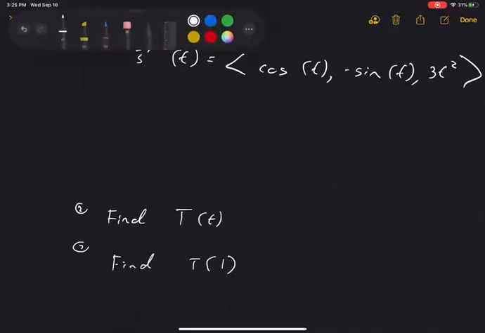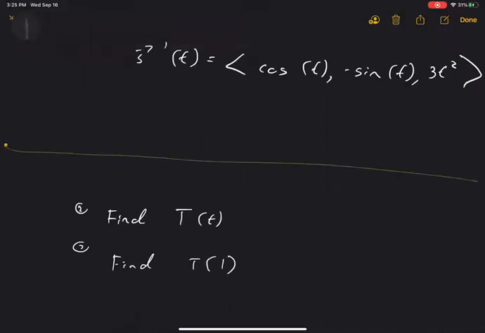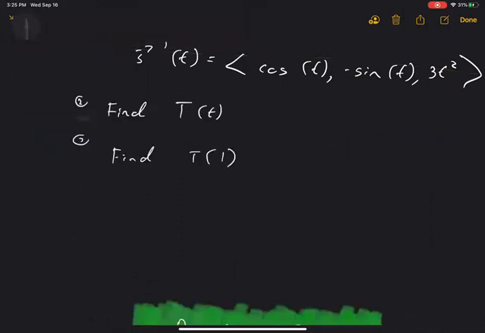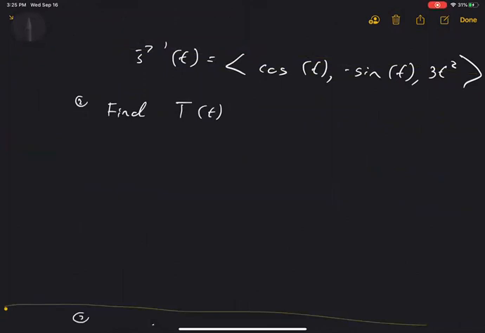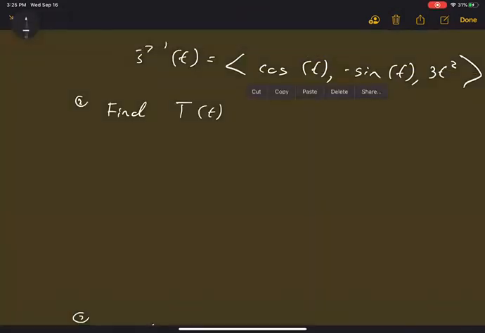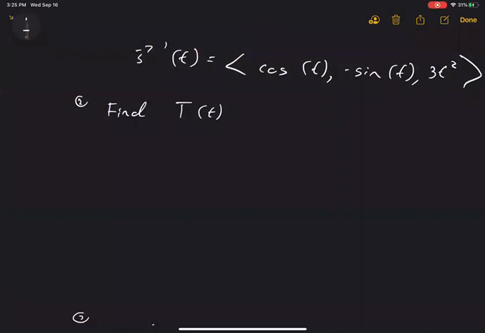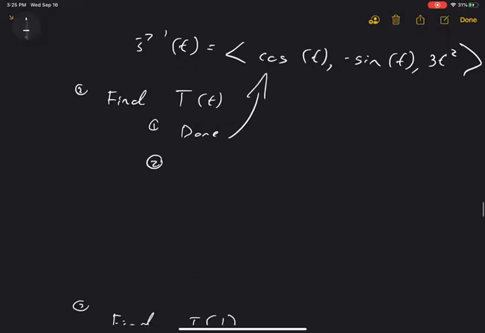All right. Now, how do I find capital T of t? How do I find that unit tangent vector? So remember our steps. Go back if you need to. So we found our s prime. Right? That's what that was. What was step 2? Finding the length of that vector.